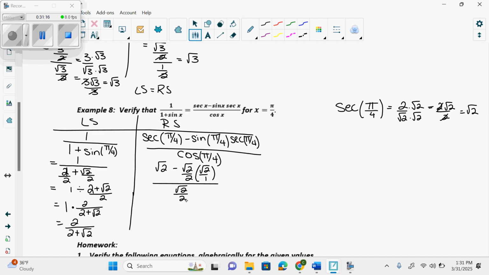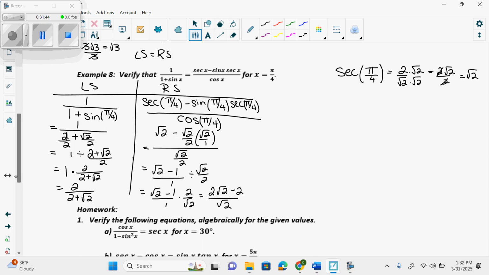And we get root 2 minus 2 over 2, which is 1, all over 1, divided by root 2 over 2, which equals root 2 minus 1 over 1 times 2 over root 2, which gets me 2 root 2 minus 2 over root 2, which I can rationalize. Oh, this was really ugly.